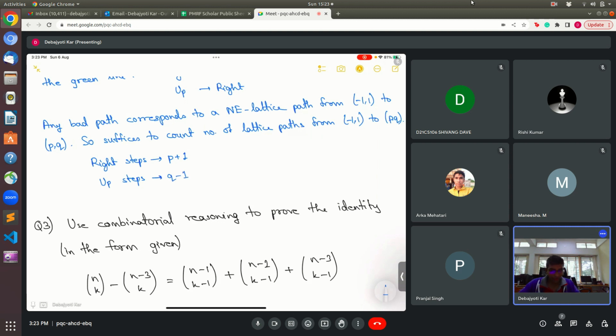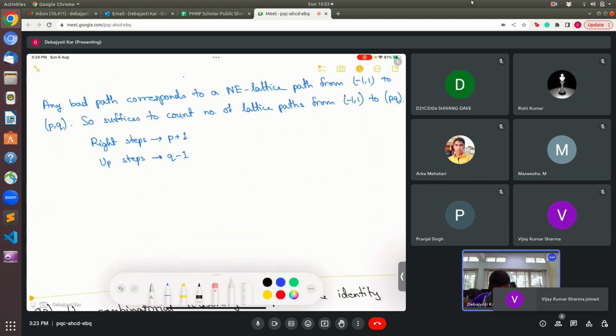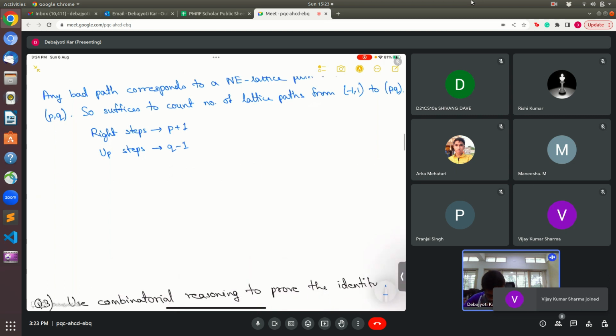Right, the total number of steps is P plus Q. Out of them, P plus 1 are right steps. So the total number of bad paths is this.